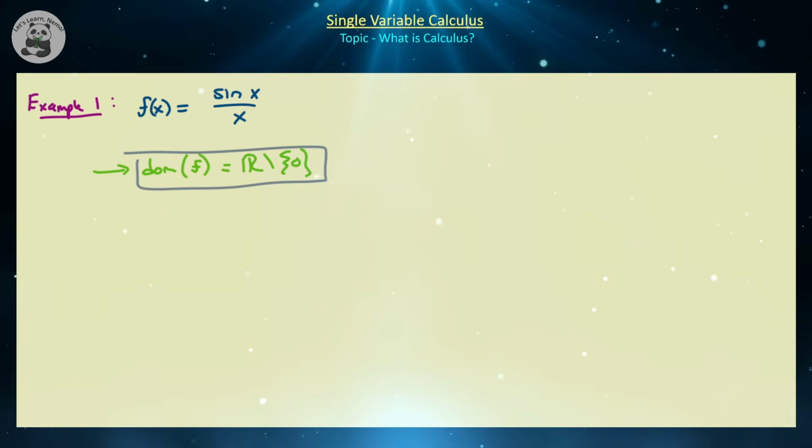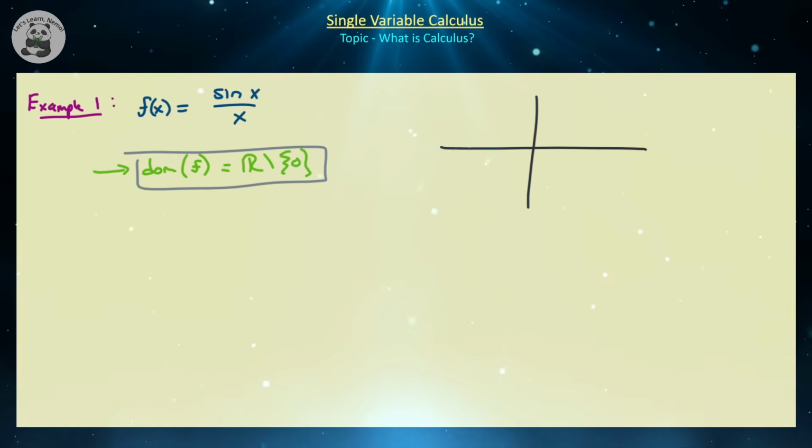Well, one thing we can begin to do to analyze what this function is doing is to graph it. If one were to construct the graph of the function sine x divided by x, one would see that the graph looks like a sine wave, but it dampens and disappears as x approaches plus or minus infinity.